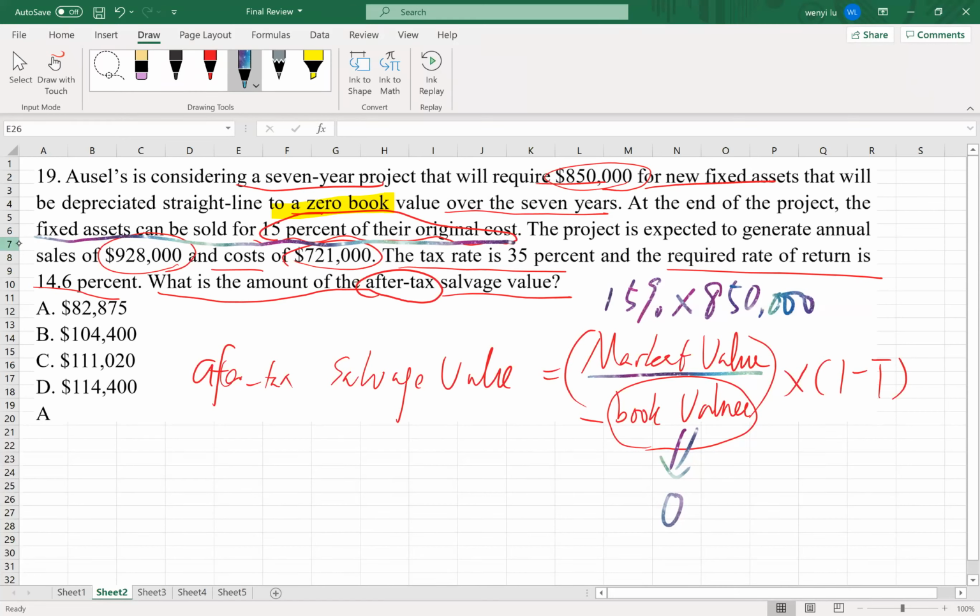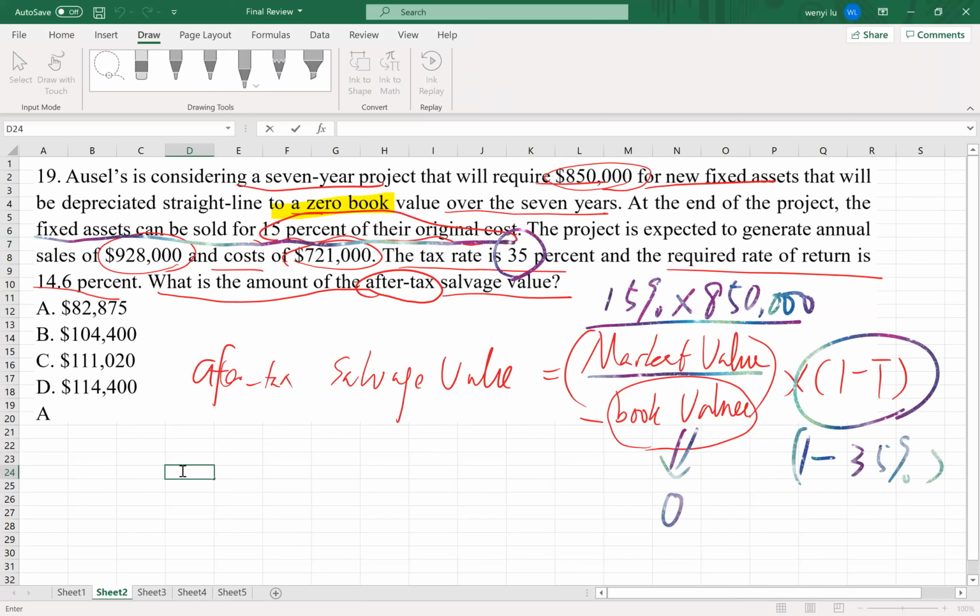That's how much we can sell this for in the 7th year, and this value will be taxed. What's the tax rate? 35%, so 1 minus 35%. So let's solve this one here. We use the 15% times the original value of this fixed asset.